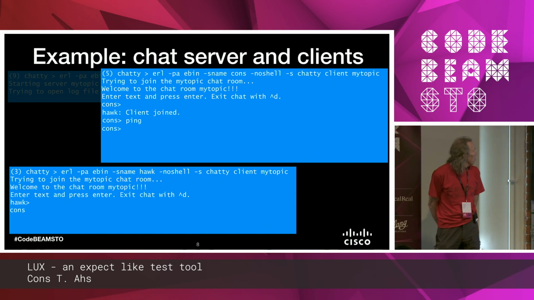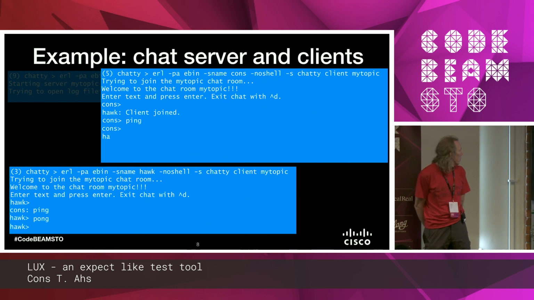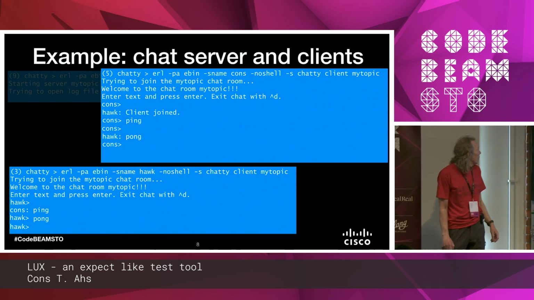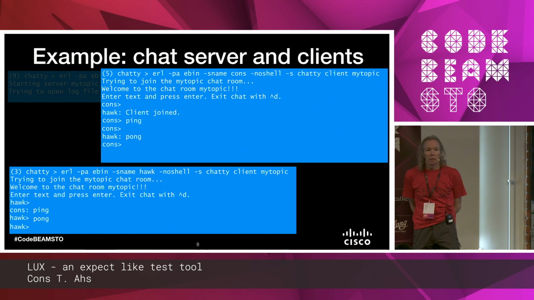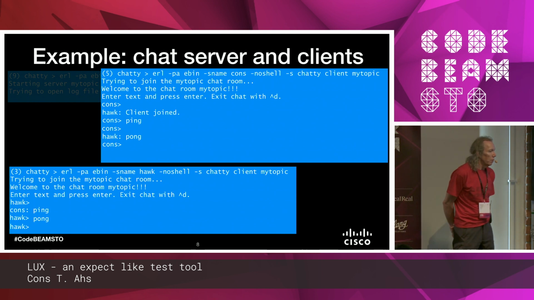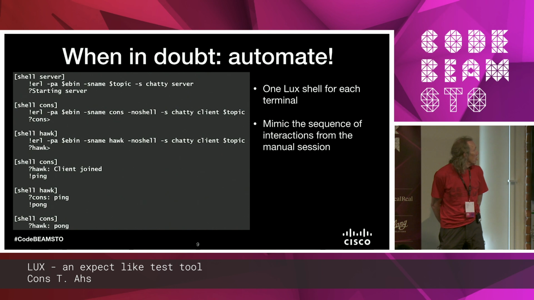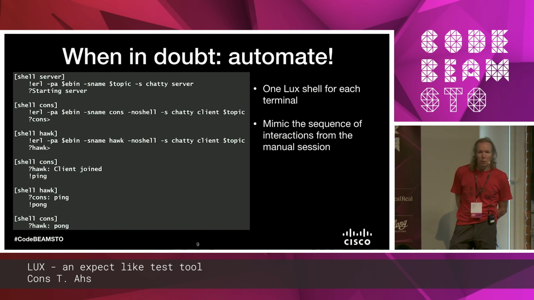So we produce some input, and it shows up in the second terminal, and there's an appropriate reply, and we're done. So this is manual testing. Manual testing is boring, time-consuming, and will almost always fail. So let's put this in a LUX script instead.